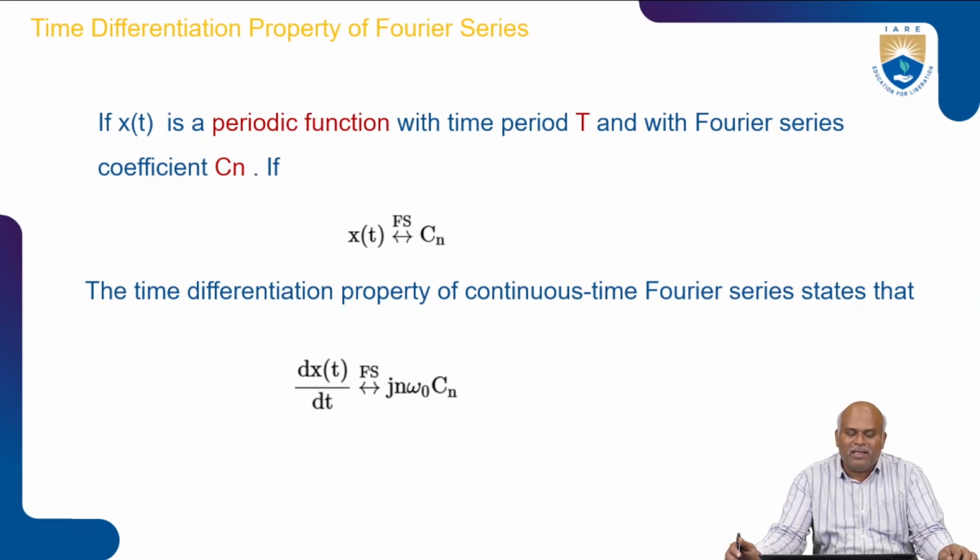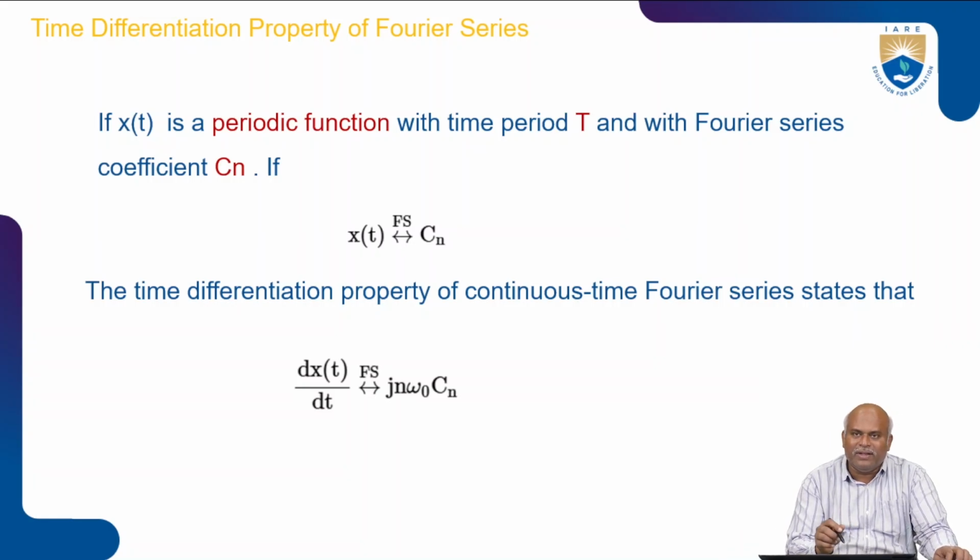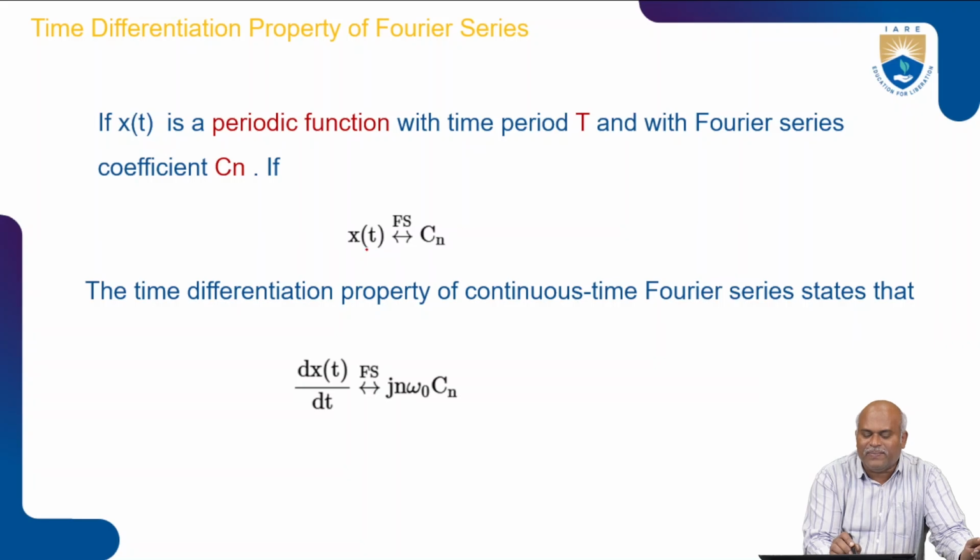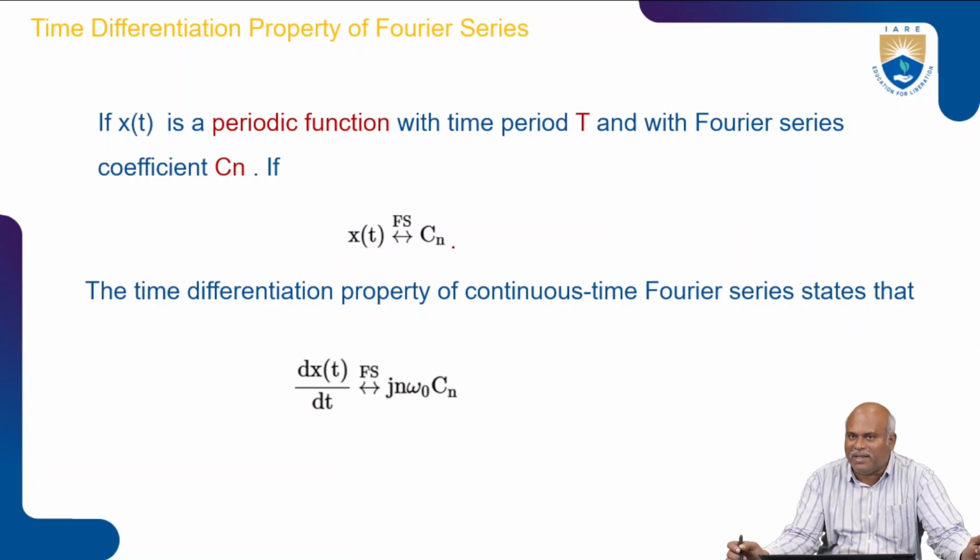We take x of t as a periodic signal with fundamental period represented as a capital letter T, and Fourier coefficient I should write as c of n. If we take the Fourier series of x of t, we get c of n.